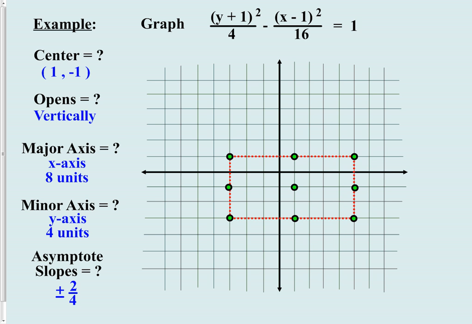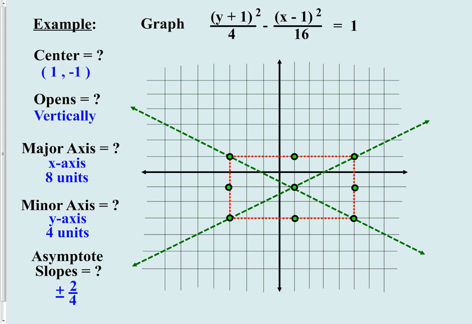So there's the no-fly zone. Our hyperbola will not enter this space. And if we connect our corner points going through the center, we end up with our asymptotes. Now all we need to know is which direction the hyperbola is going, so we know which of the 4 remaining points on our box our hyperbola is going to make contact with.